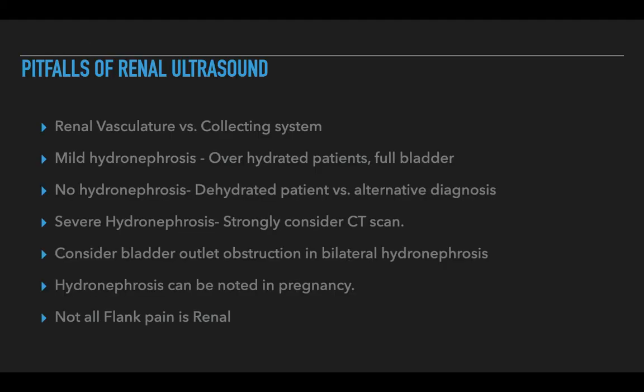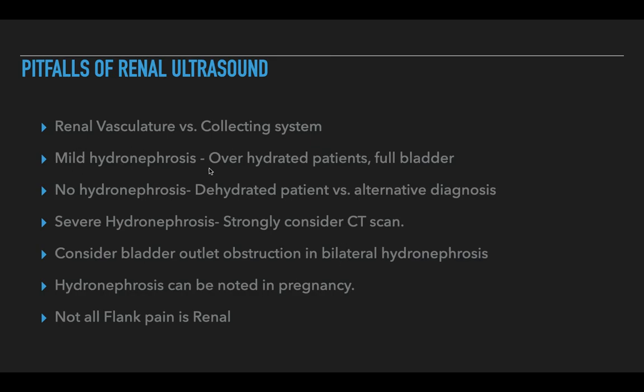That about covers renal ultrasound, but it's important to remember that there are some pitfalls that you want to avoid when imaging the kidneys. Remember your renal vasculature versus your collecting system. You have to utilize color flow in order to distinguish the two. You never want to say someone has hydronephrosis when they don't, and it's purely their renal artery and vein.